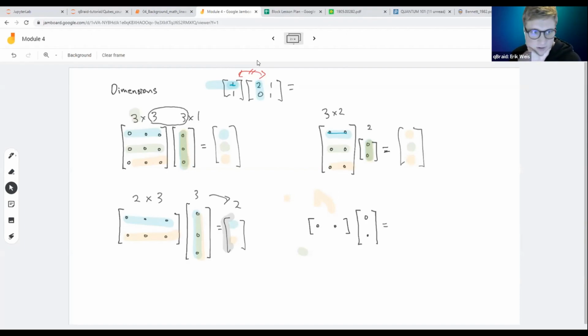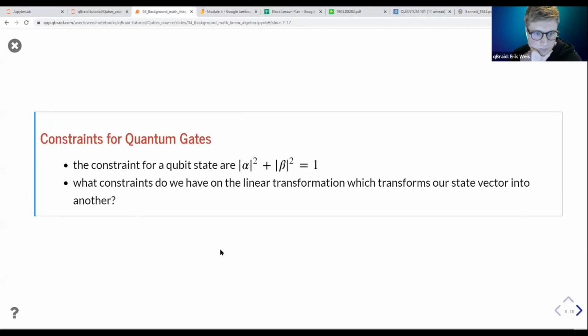So what kind of constraints do we have on these linear transformations such that they will work in our description of quantum systems? Because there's a lot of math out there. It doesn't necessarily have to apply to quantum systems, and there are a lot of things we can do with matrices that have nothing to do with quantum. But there are certain types of matrices that have everything to do with quantum. So what's the deal?